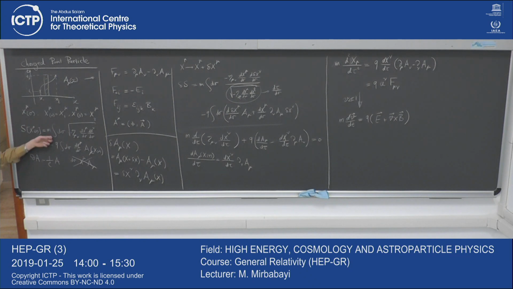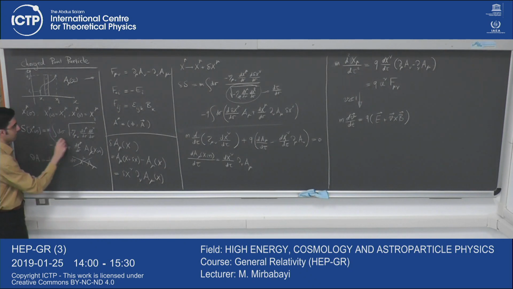You can already see in this simple example that if you consider something more complicated, like the square of that, then the force laws or the equations of motion that you are going to get are going to be non-local. The force that the particle feels will depend on the full history.